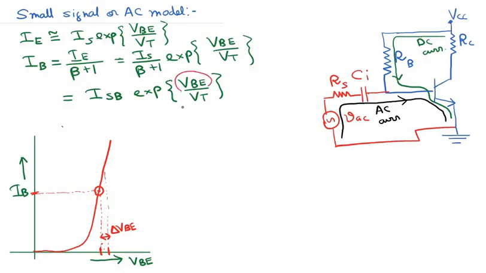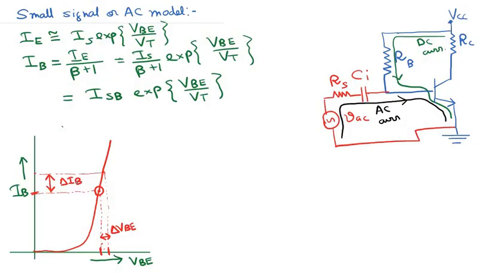So let us assume that this AC voltage source increases the base to emitter voltage beyond the DC voltage by a very small amount, delta VBE. So the base current would also change. So the increase in base current is given by this amount. So I am extending this point in the horizontal direction. So this is the increase in base current. This is known as delta IB.